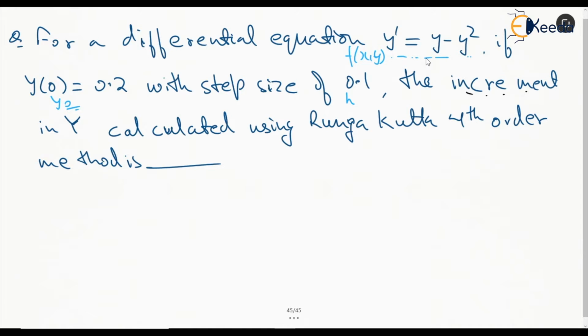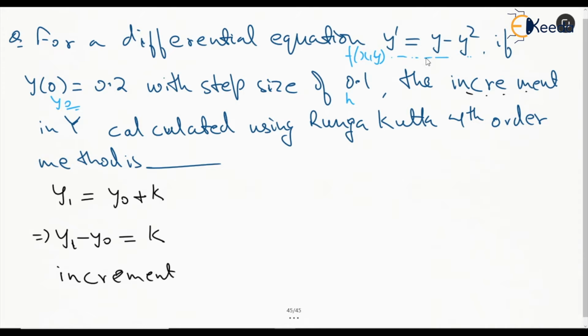So we know that since we are starting with y naught, yn is given as y naught plus k. So that means yn minus y naught is simply k, and this is the increment we are looking for. So what is k?